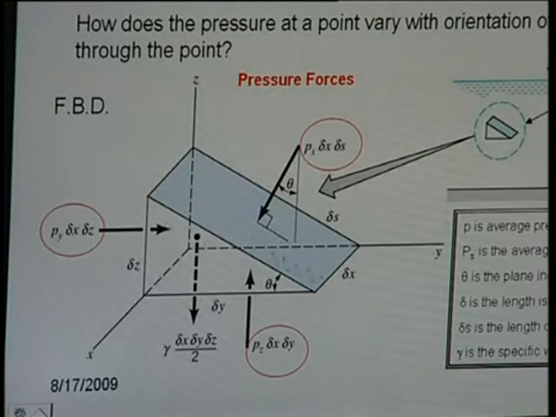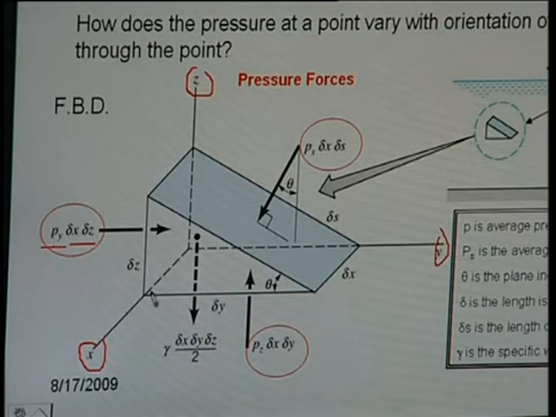On this element, this face is separated, and on this face we have pressure force multiplied by the corresponding area, for this coordinate system x, y and z. The element has the shape and size shown here.